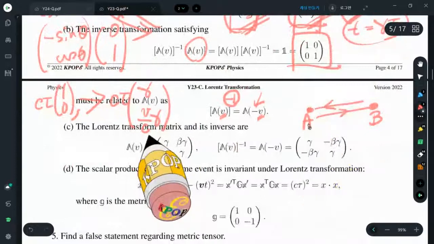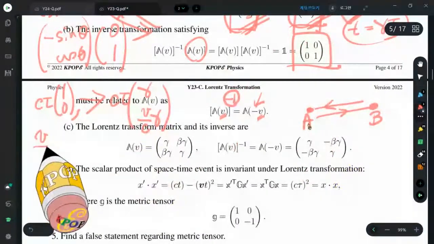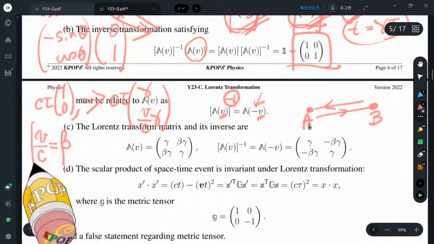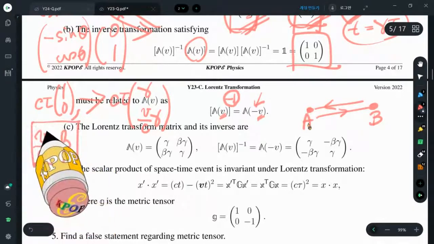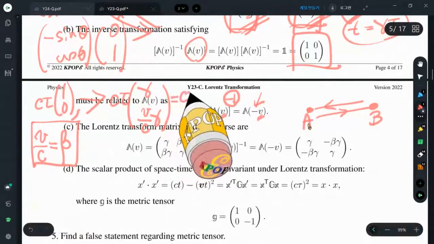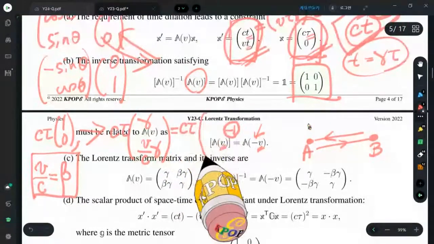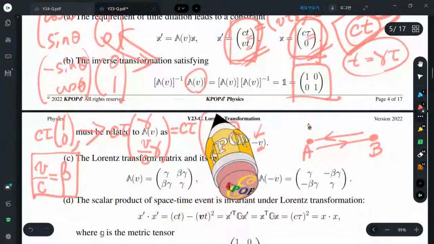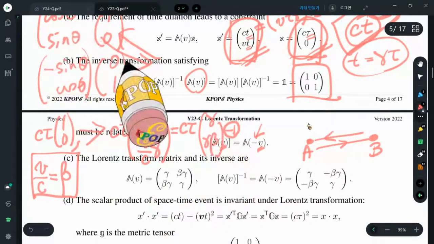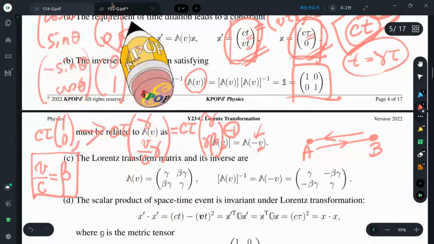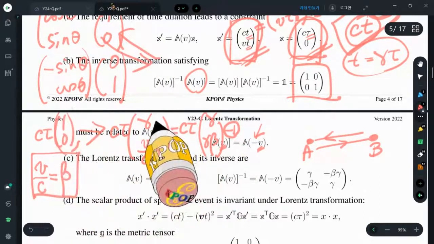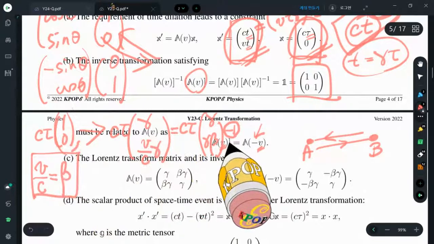So we will find v over c so many times. So we will call this beta, v over the speed of light, beta. So it is c tau times gamma, gamma beta. Using this similar method, we find that the 1, 0 transforms into gamma, gamma beta.